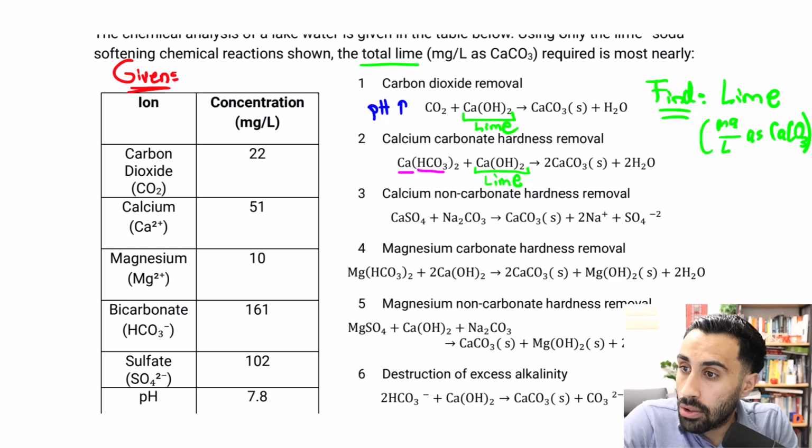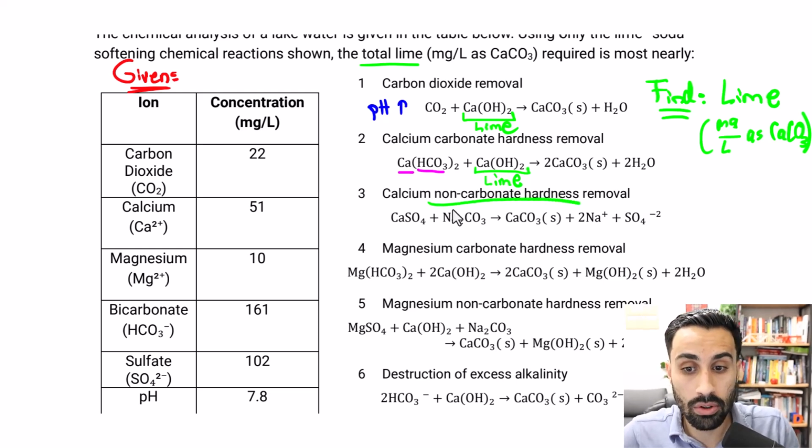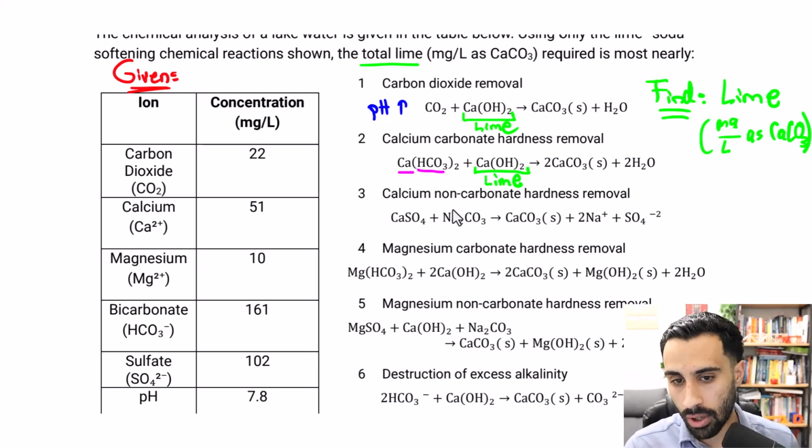Now we go on to number 3. This is calcium non-carbonate hardness. Keyword: non-carbonate hardness. This is harder to remove. That's going to be, let's say, the calcium that's associated with the sulfate in this example. Sulfate ion and calcium, they're together. Notice it's not bicarbonate. So it is non-carbonate hardness removal.